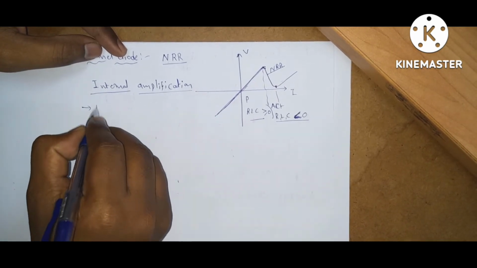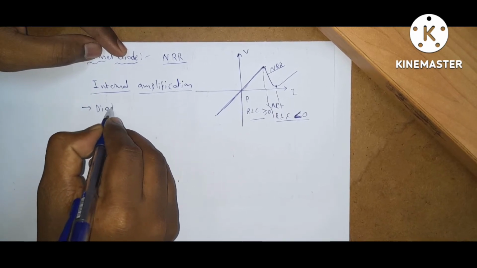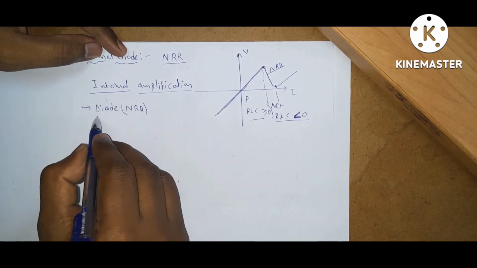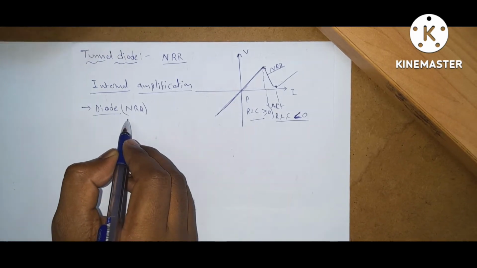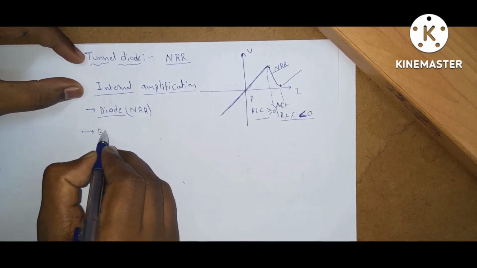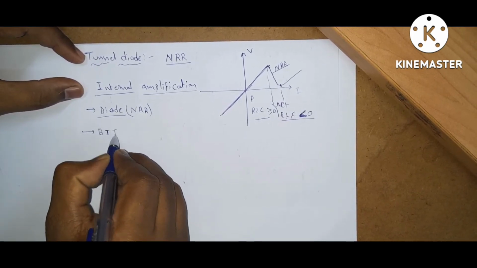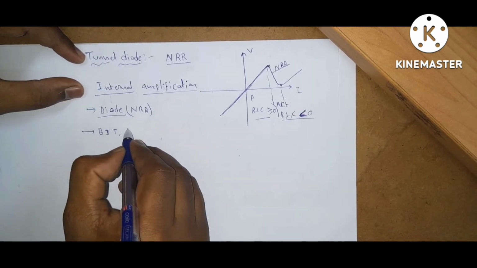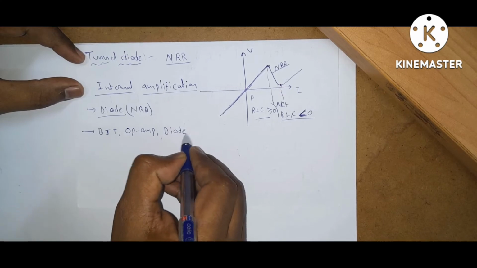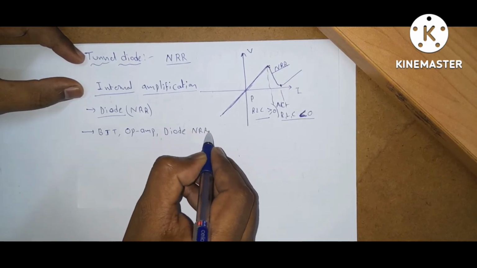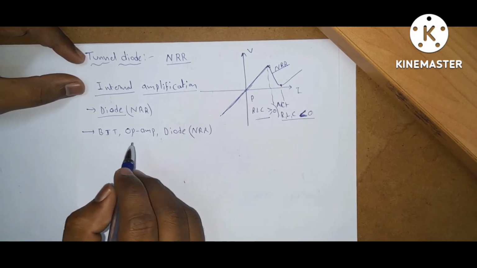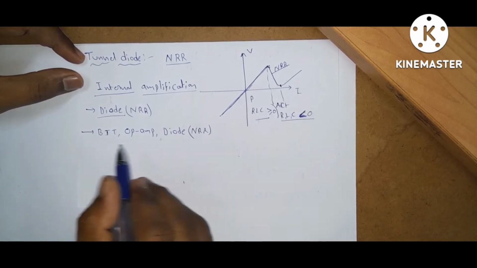Next, a diode is also a passive element except in the negative resistance region. In the negative resistance region it will act as an active element. Next point: BJT, that means transistor, op amp, diode. In negative resistance region, these are dependent sources, and along with independent sources they are active elements.